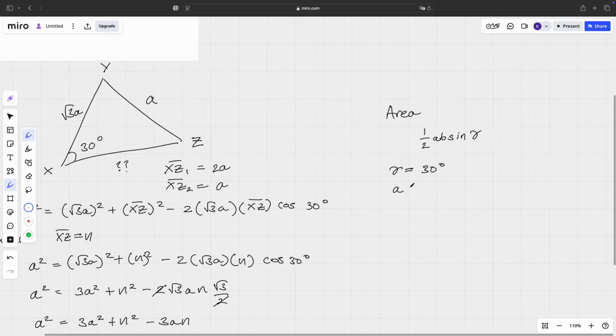A is, let's say, square root of 3 times a. And we have two answers for B. Our first one is 2a, and our second one is a.